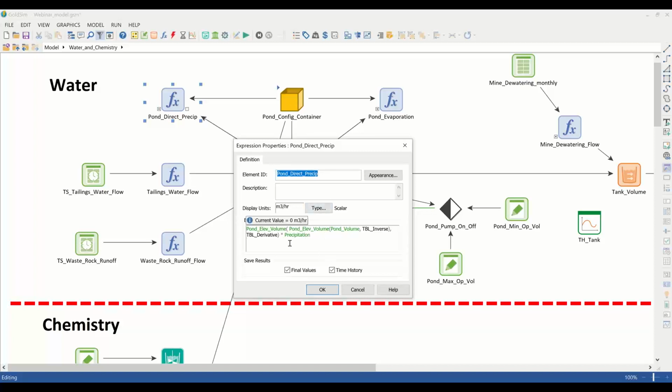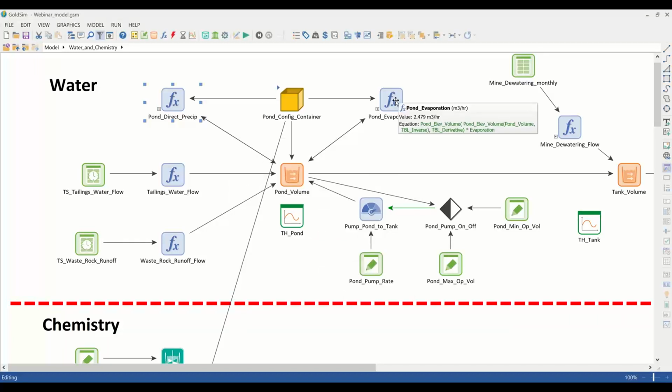And you can use that, of course, to get the area, and then I just multiply it by the precipitation to get the total amount of water hitting the pond surface. A pretty standard thing in a lot of models that I've seen. The same with the evaporation. This just calculates the evaporation and multiplies it by the surface area of the pond.